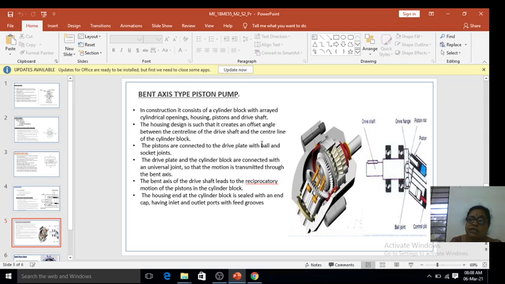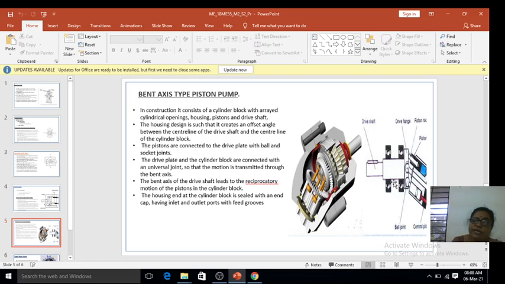The pistons are connected to the drive plate with ball and socket joints, which you can observe here in the 3D view also. The drive plate and the cylindrical block are connected with universal joints so that the motion is transmitted through the bent axis.